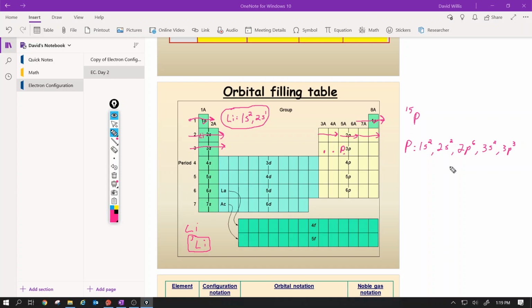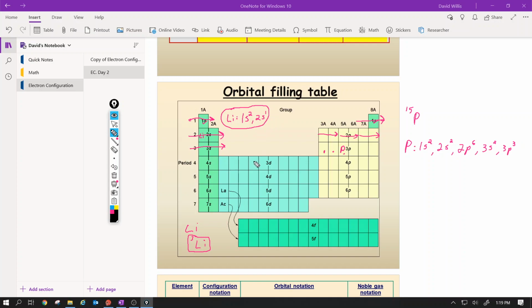Okay, we're going to keep going and see if another couple of examples will be helpful for you. I'm going to switch colors to black, and I'm going to pick cobalt this time. So cobalt is 1, 2, 3, 4, 5, 6, 7 over.